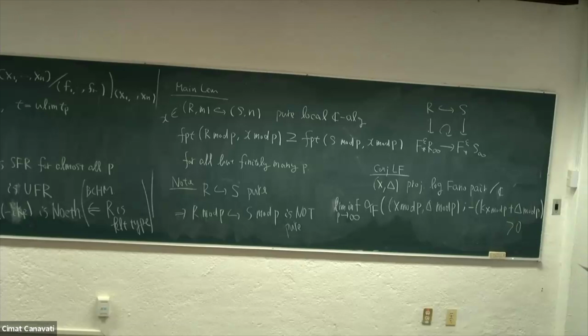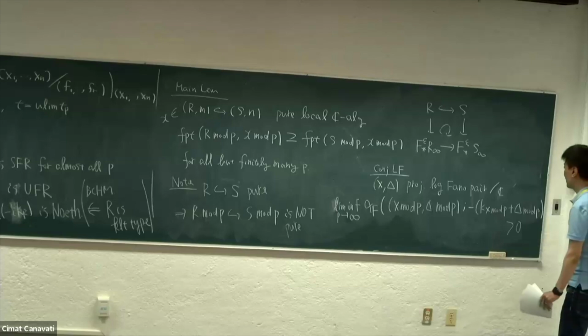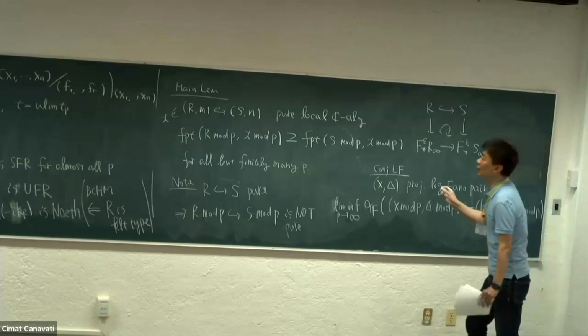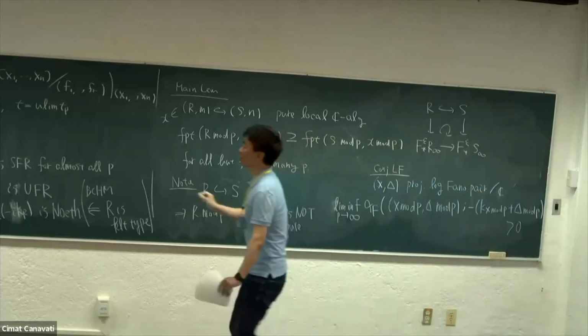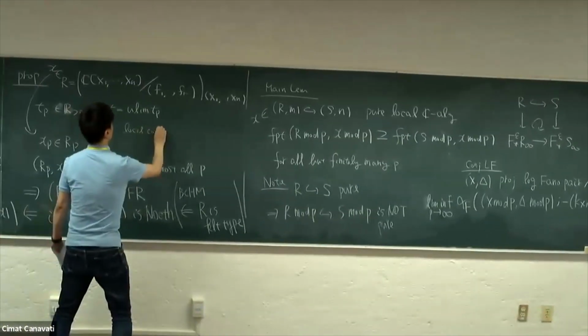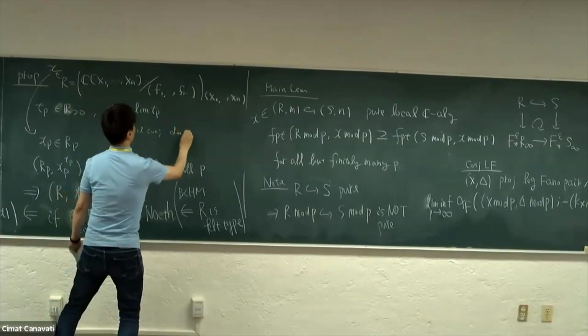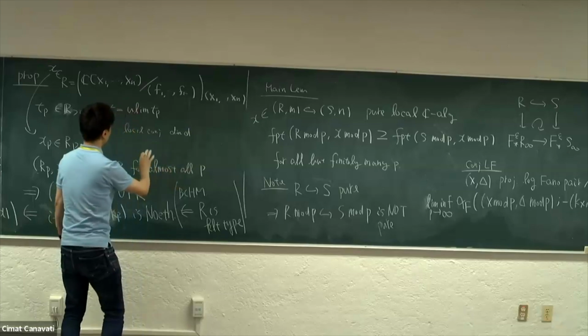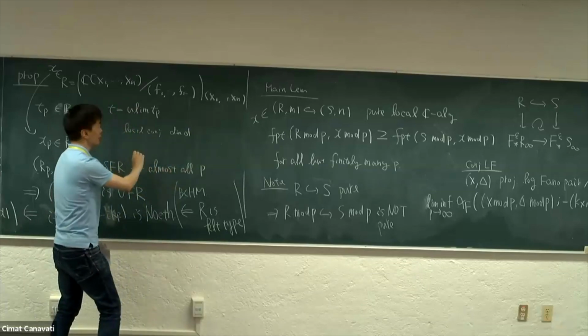Question. So you're saying the local conjecture in dimension d follows from the global conjecture in dimension d plus 1? Okay, it's a bit complicated. For the local conjecture in dimension d, this is not Q-Gorenstein.